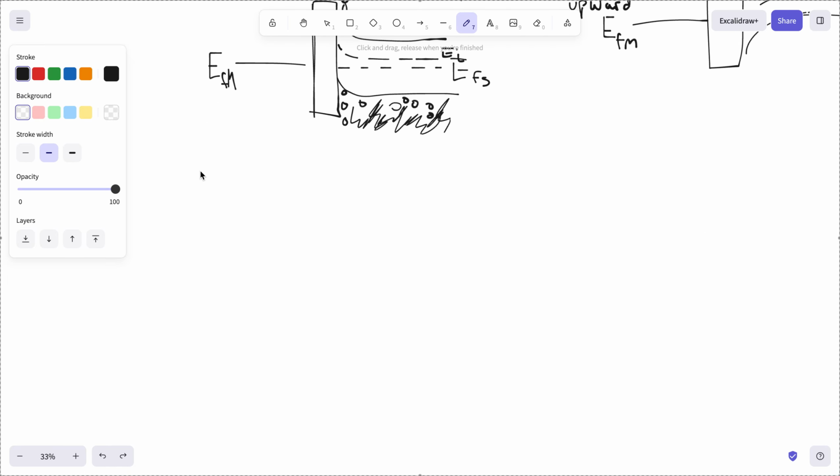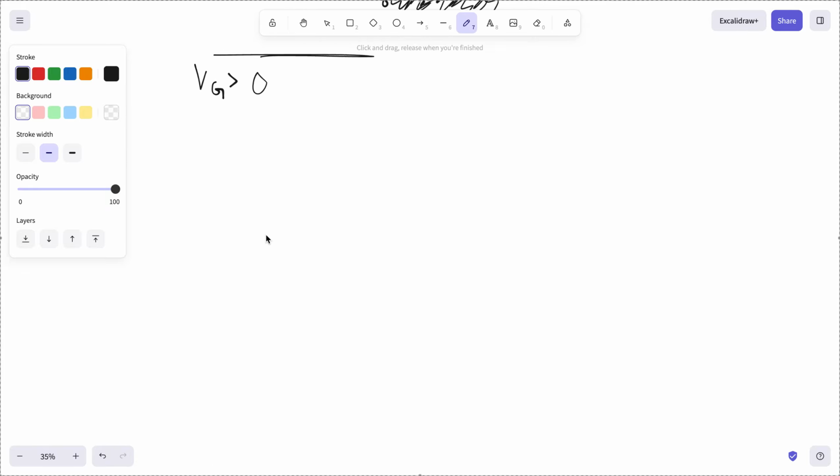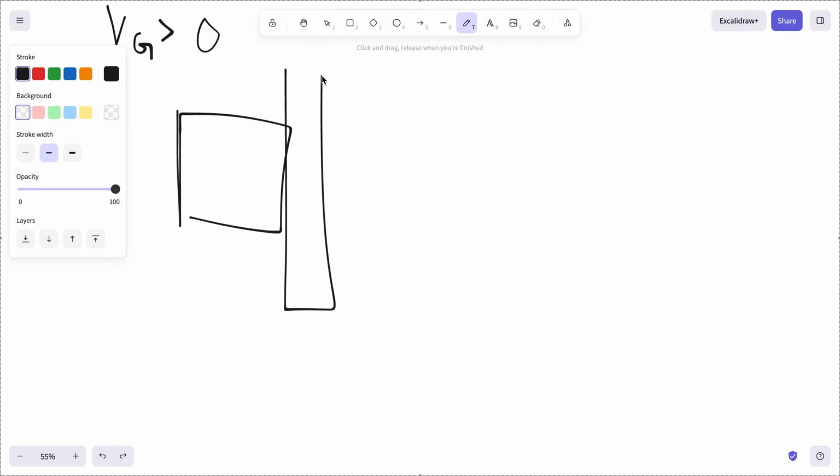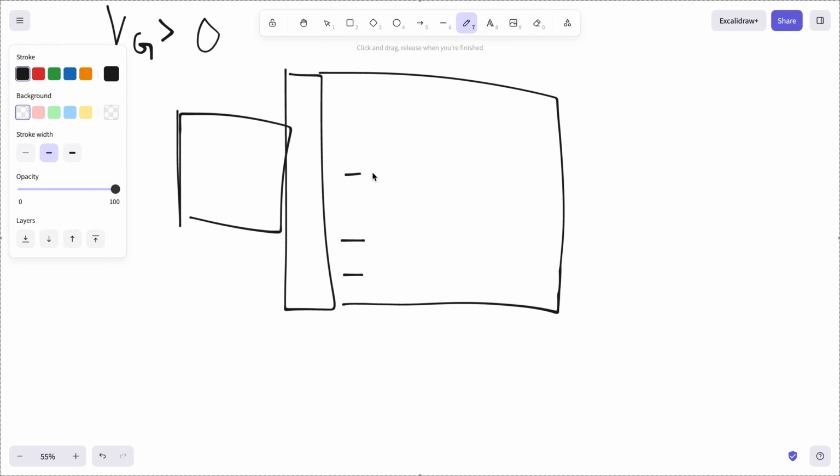So now let's look in greater depth at what happens when V sub G is greater than 0. Right? So if we were to apply just a small V sub G to the MOSCAP, then, as I've drawn before, we get a slight accumulation of negative charges, only slight.